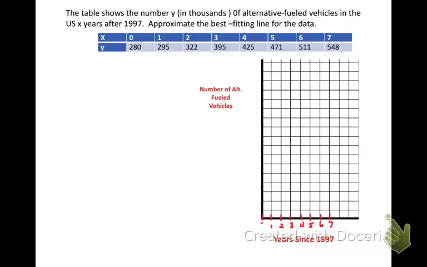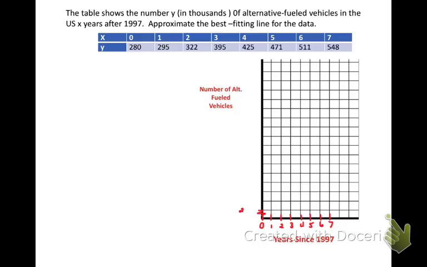So 0 would be the year 1997. Now, along the y-axis, I notice my smallest and my greatest value, 280 and 548. So I'm going to put what's known as a break in the scale because I don't have anything until 200 and some. So I'm going to put a little break in the scale, which is going to allow me to start my numbering at something higher.